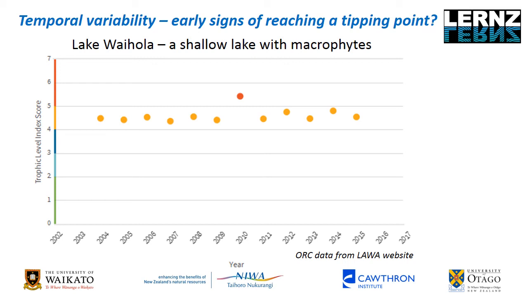And what I noticed when I went and had a look at the Otago Regional Council's SOE monitoring data for this lake is that the trophic level index in 2010 was extremely high. It went basically an order of magnitude higher into the supertrophic range, and then bounced back down again.